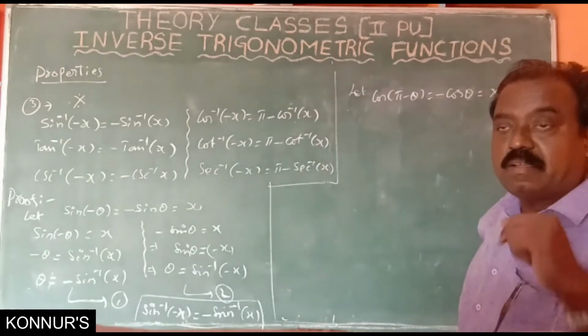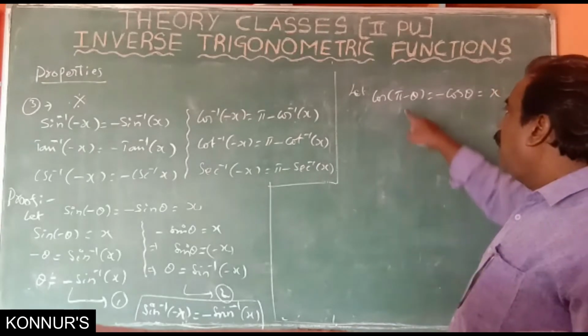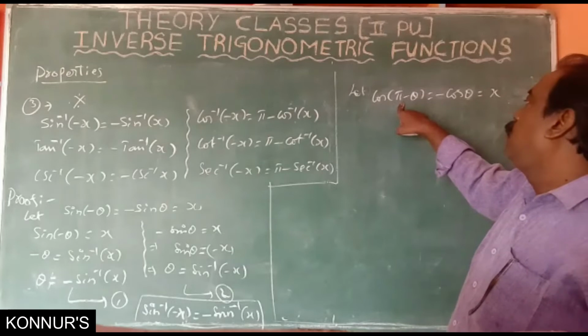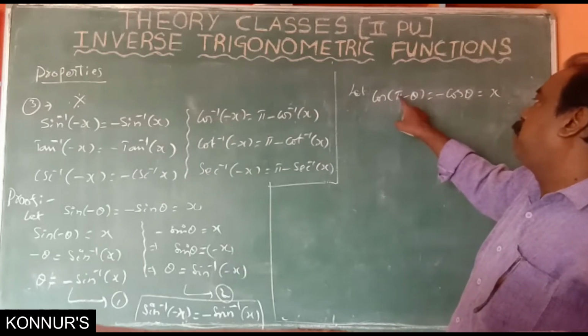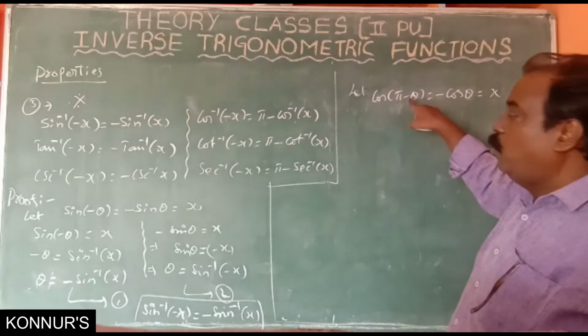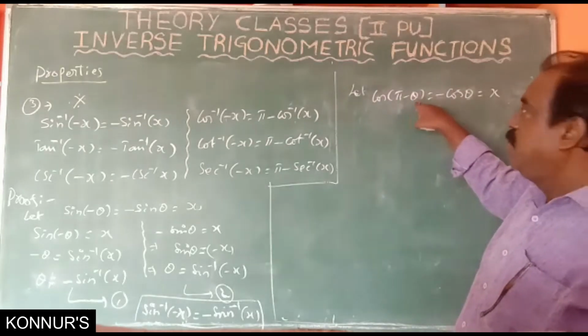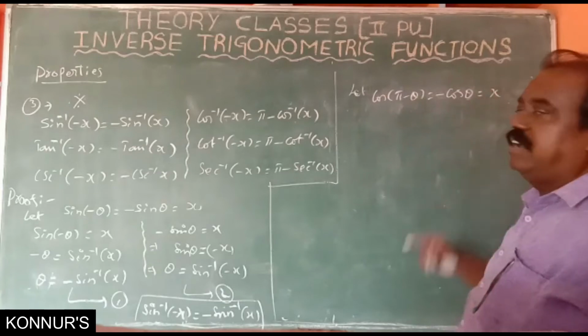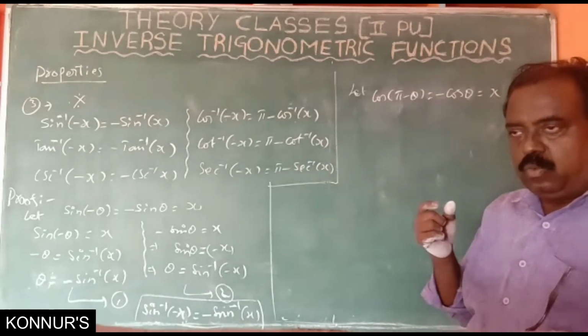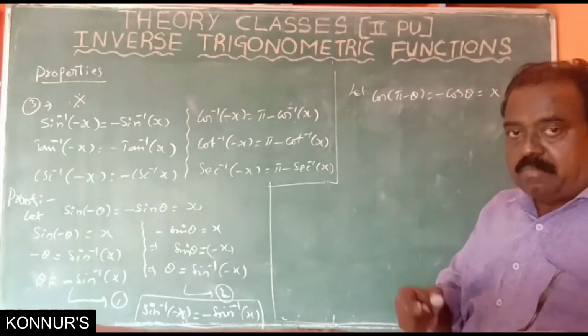You may get some doubt. Sir, it is not only the second quadrant that is negative. You take pi plus theta or 3 pi by 2 minus theta. In the third quadrant also it is negative. But every time we have to remember that formula.